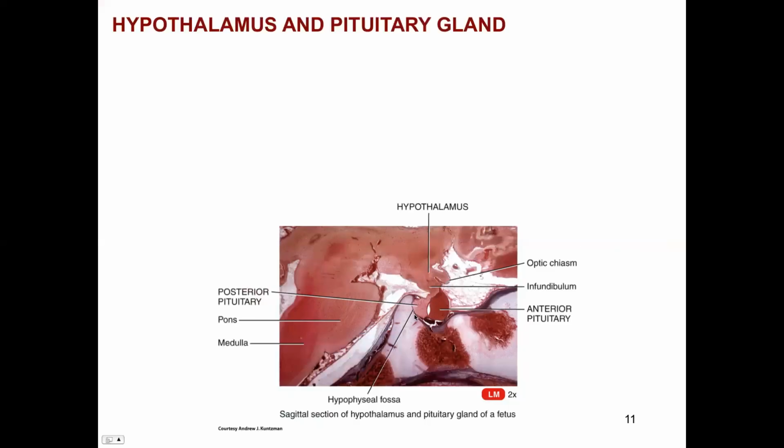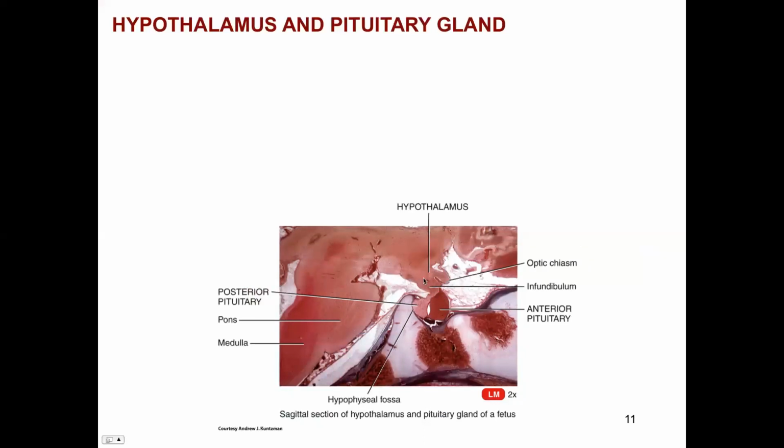Notice it's the same color. So the posterior pituitary is actually an extension of the hypothalamus. There are neurons that come from the hypothalamus, and their axons come down here to the bloodstream, and they're actually releasing hormones. So that's the posterior. Whereas the anterior pituitary, this part is actually glandular material. It's not neuronal.